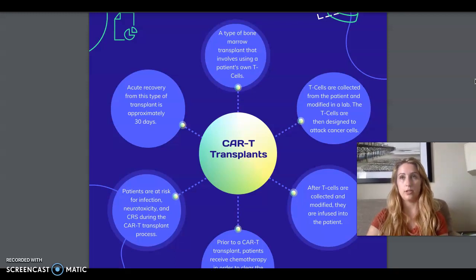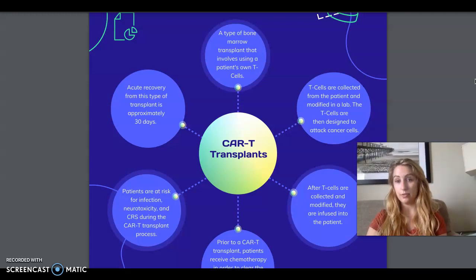Just know that a CAR T transplant is a type of auto transplant, and you have probably heard the difference between autologous and allogeneic transplants. Allos are when you have a donor, you have donor cells, and autos are when the cells come from yourself. This specific type of transplant uses T cells, but it uses the patient's own T cells, so it's technically a type of autologous transplant.